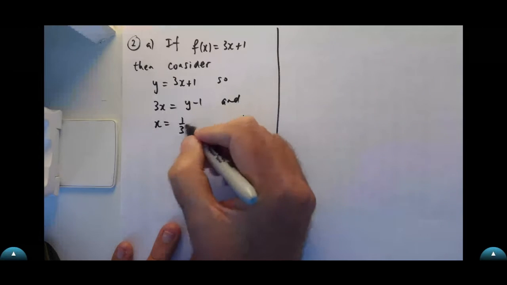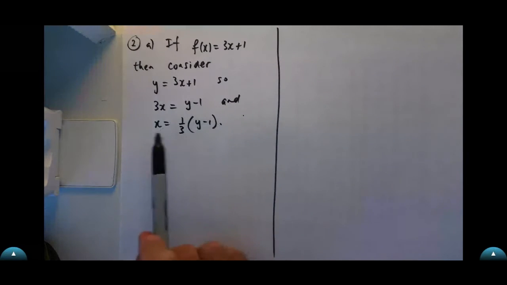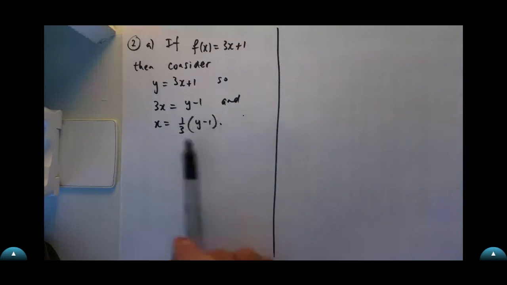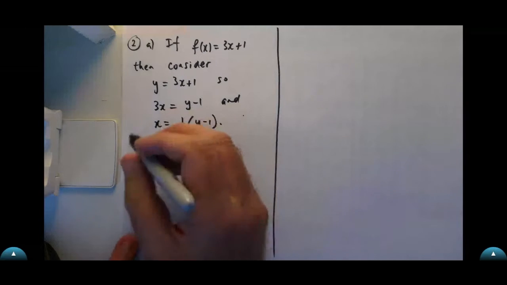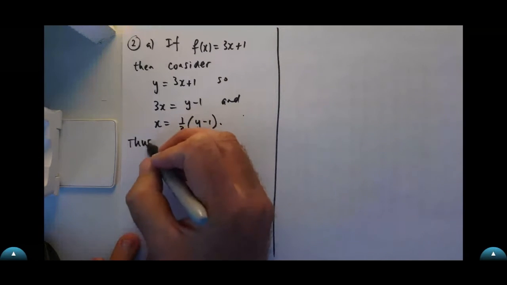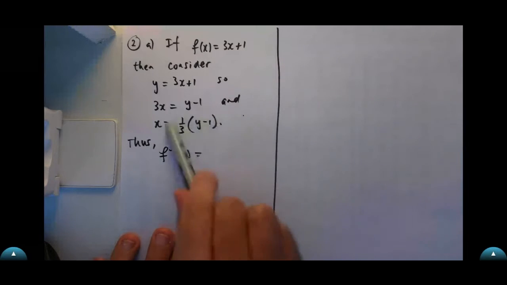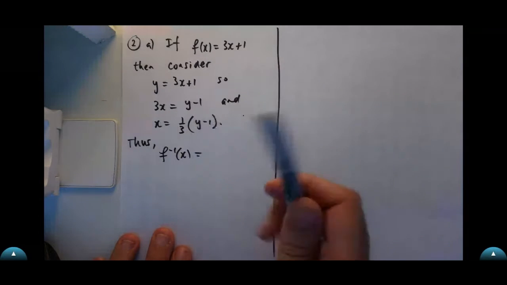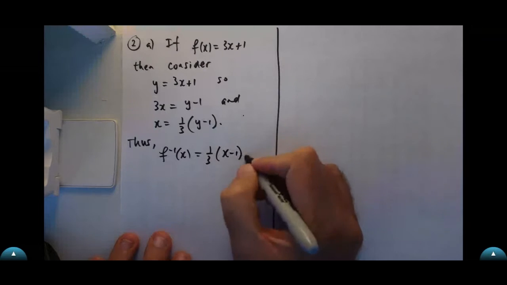So now x is a function of y, and to get the inverse we just relabel everything: where I see y's on the right-hand side, I relabel them to be x's.